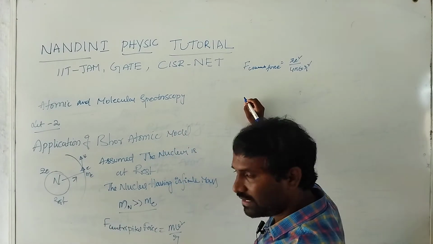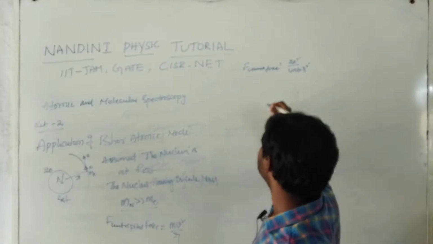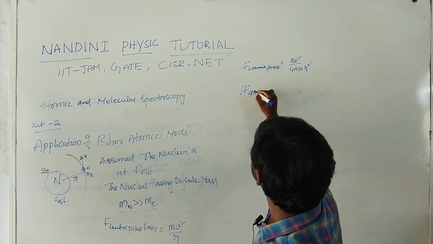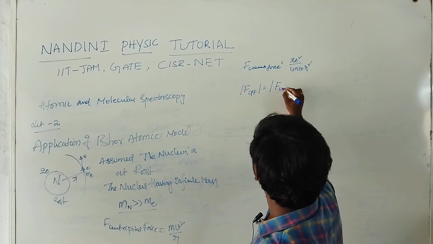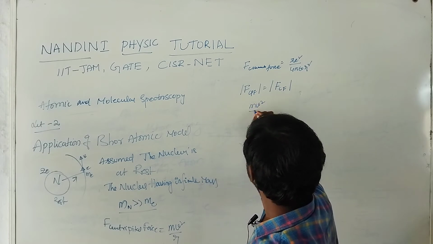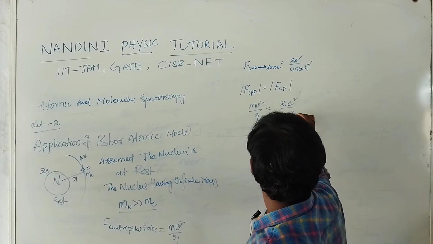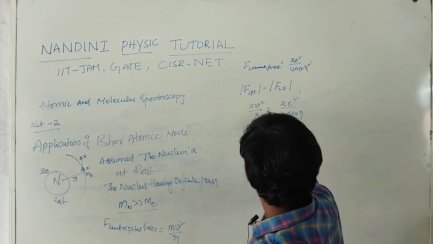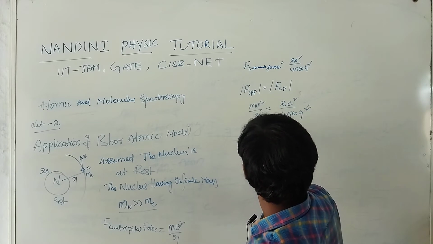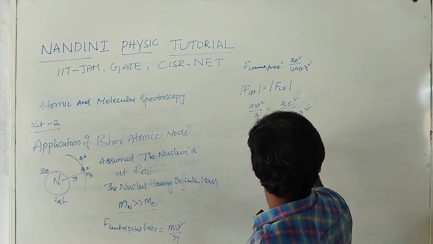In the previous class I explained these things. Now I want to derive some characteristics using these equations. For a particular instant, the centripetal force is equal to the Coulombic force. So mv square divided by r is equal to Ze square divided by 4 pi epsilon naught r square. Here r cancels, so mv square is equal to Ze square by 4 pi epsilon naught r.